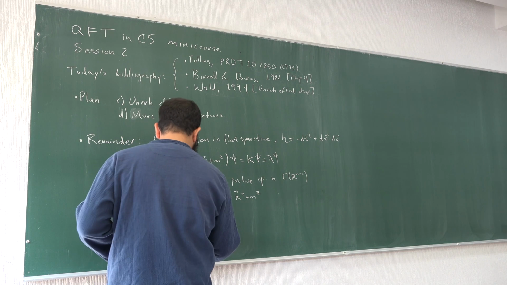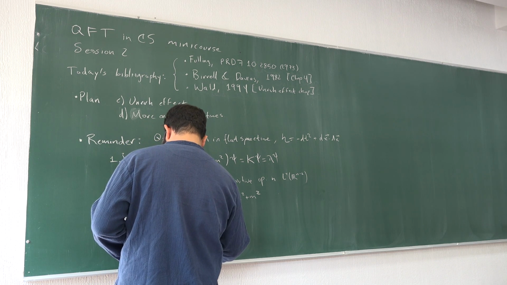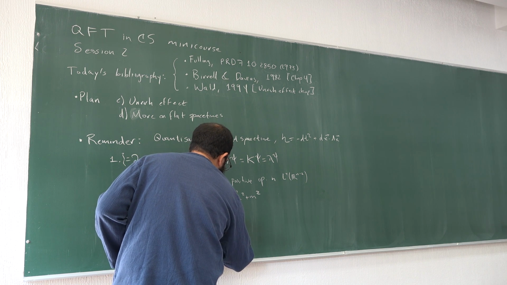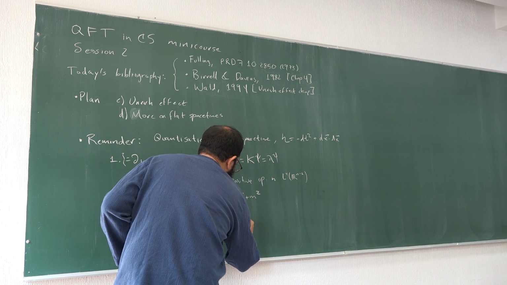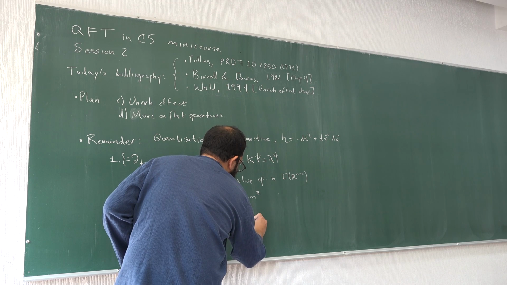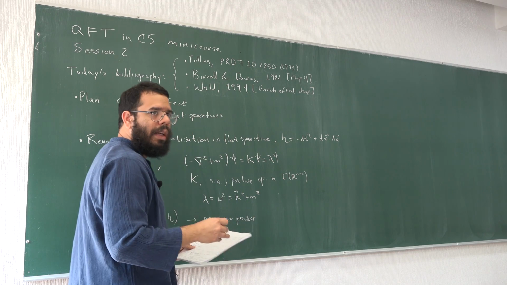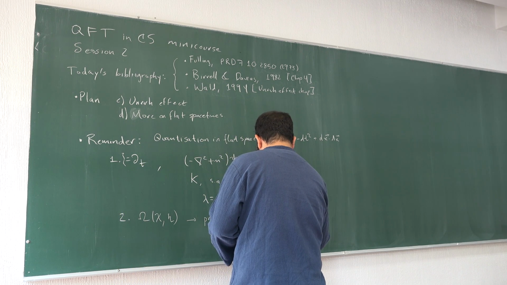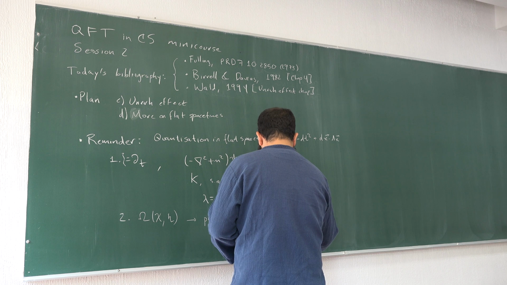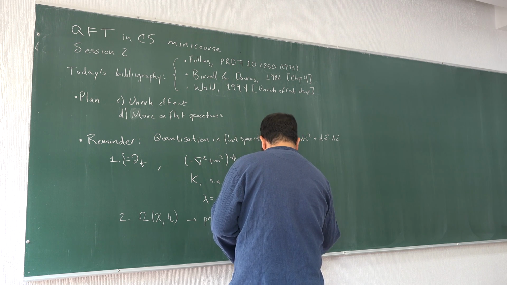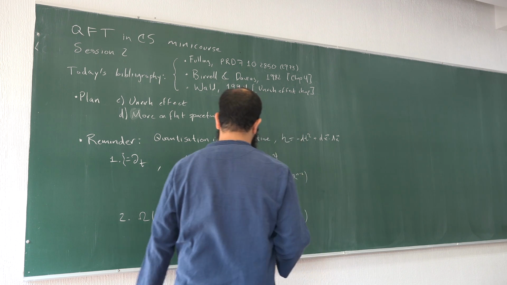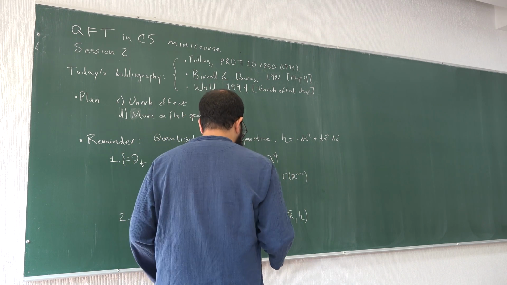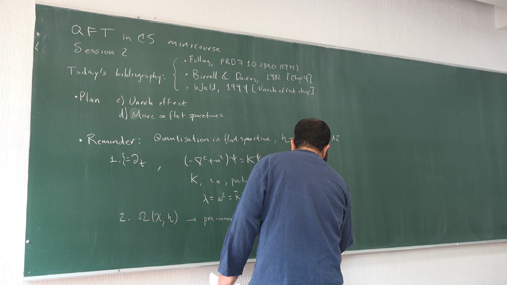With the complex structure, we can construct a sort of pre-inner product, let's call it. It means that it's an inner product, except it's not necessarily positive. And how we build it is by using the complex structure on the complexified solutions that we have. So we are interested in complex solutions, and we write it in this way.